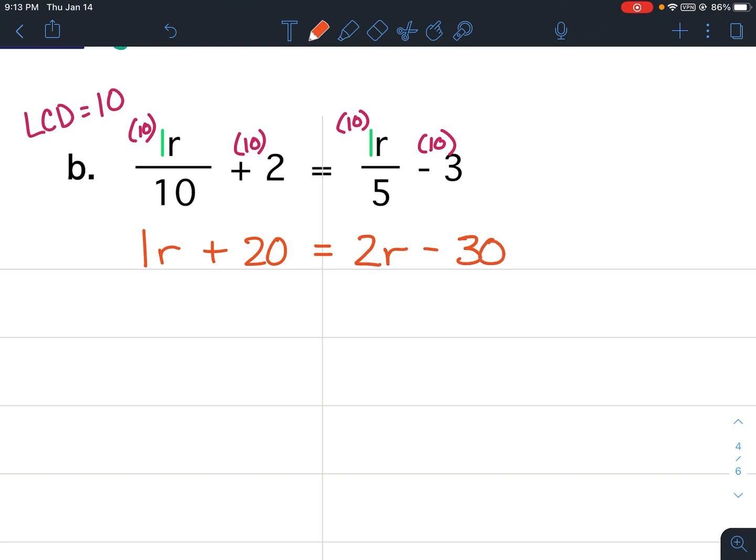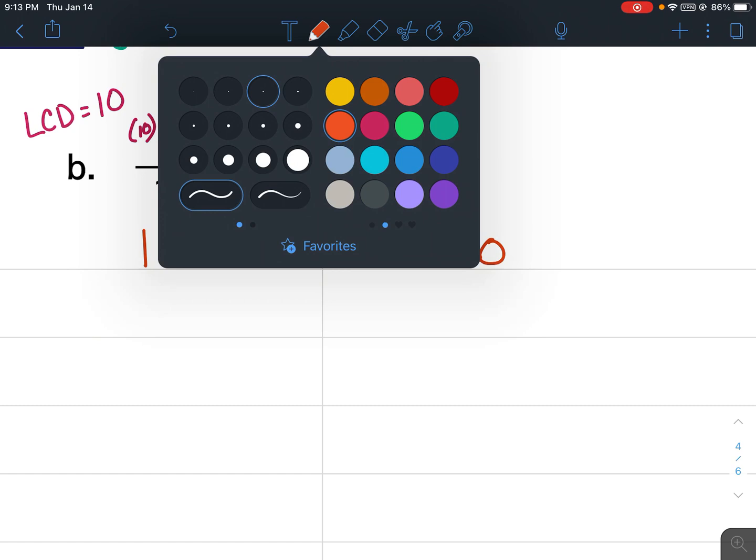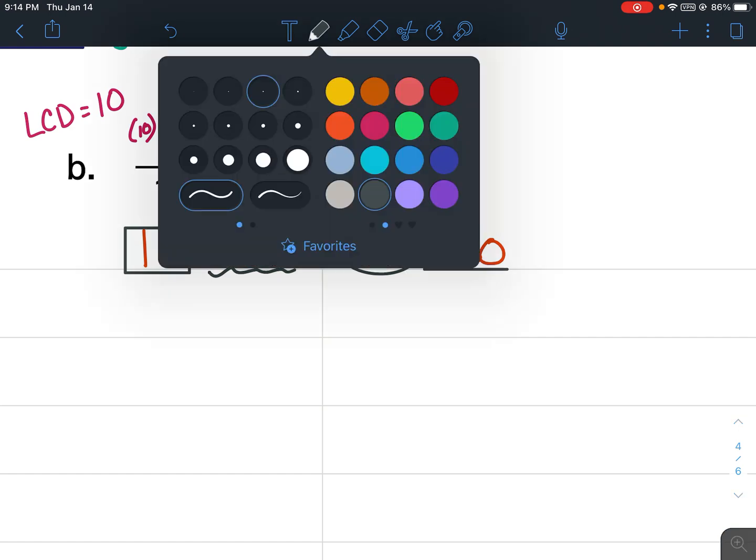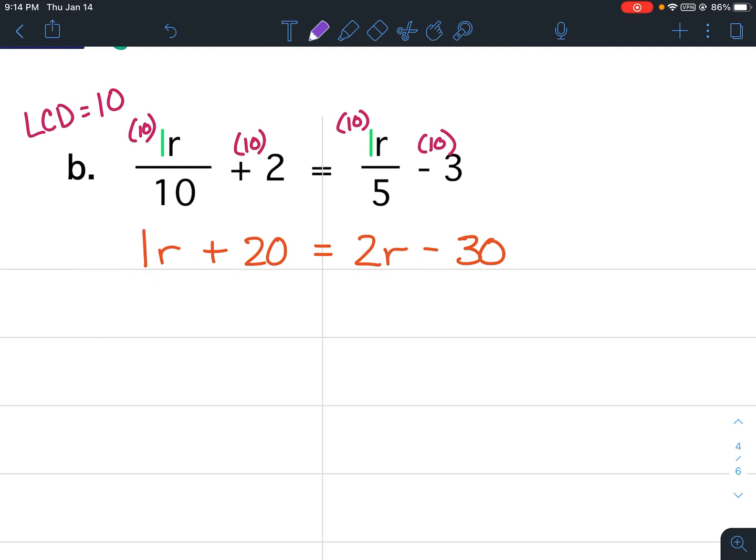All right. Step 2 is to combine like terms. Well, I've got 1R on this side and a positive 20. 2R on this side and a -30. Do I have any like terms to combine? No, I don't. So that actually makes this problem a little bit easier. So I'm going to take my variable term to the right.